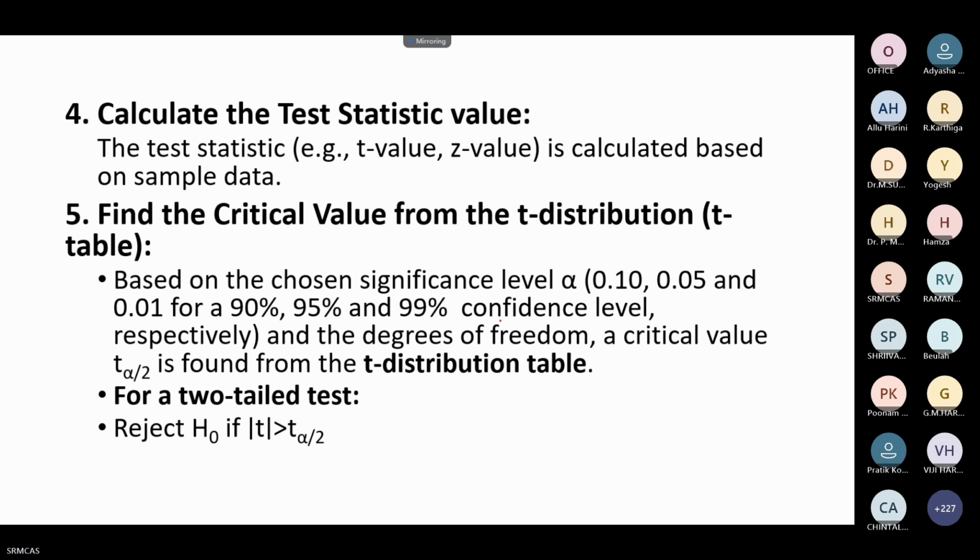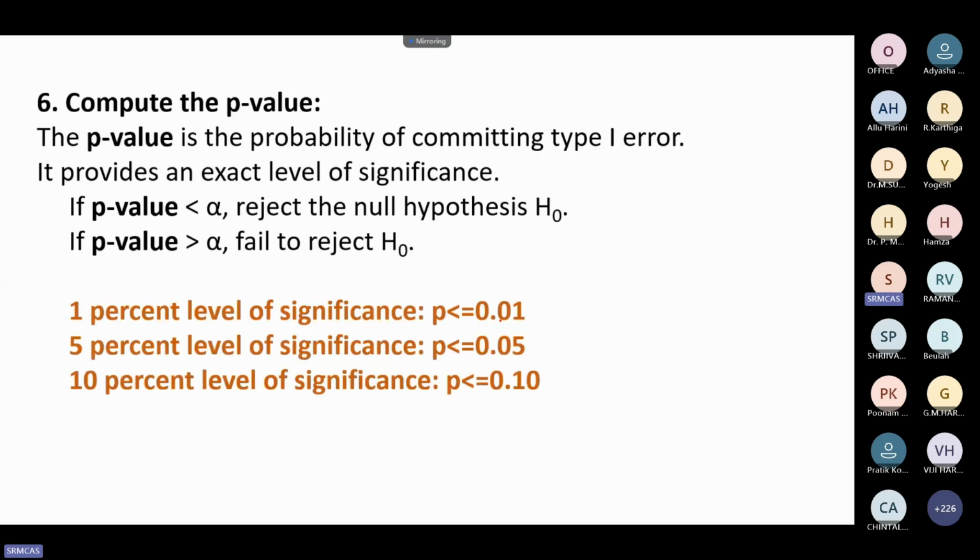Also we can take decisions based on the probability values. The probability value will come along with the software analysis. In any kind of regression analysis, we have the probability values. So we need not check the table values of the respective test statistics. If you look only at the probability value, you can say whether the hypothesis should be rejected or not.